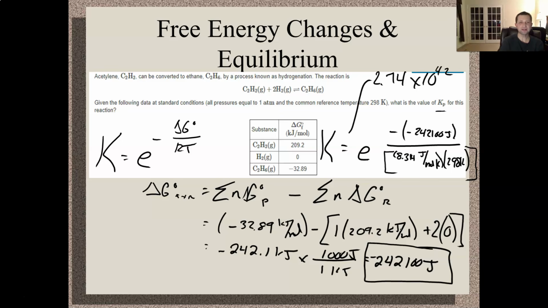So that means it's extremely spontaneous, it works extremely well in the forward direction, right? So your equilibrium constant should be humongous. 2.74 times 10 to the 42nd is extremely product favored, forward reaction moving along, and that's what we have here. So both of these definitely check out in terms of whether they make sense or not.